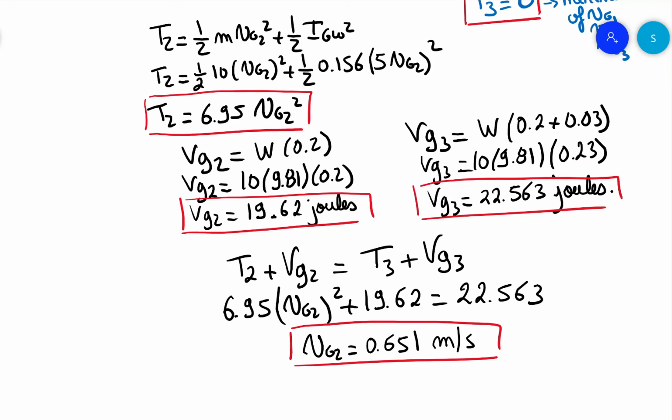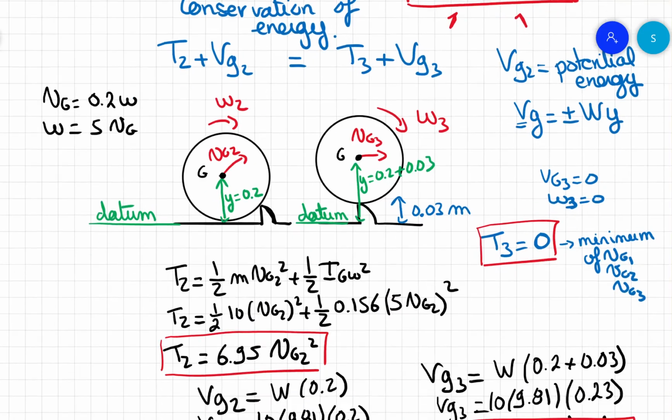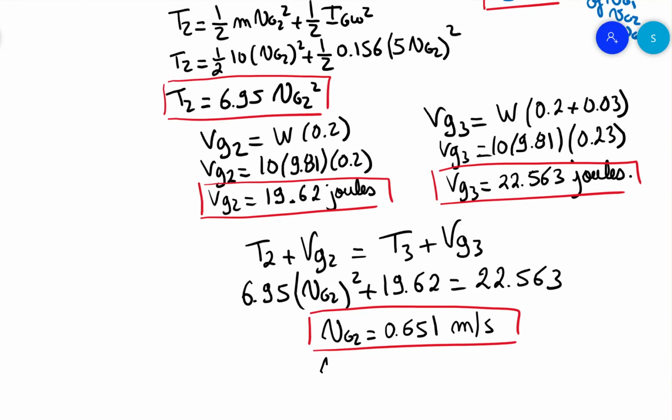And we have Vg1. Let's go grab the formula that we found before. Vg1 equals 1.121 Vg2. So we replace Vg2 by 0.651, times 1.121, and we get 0.729 meter per second.